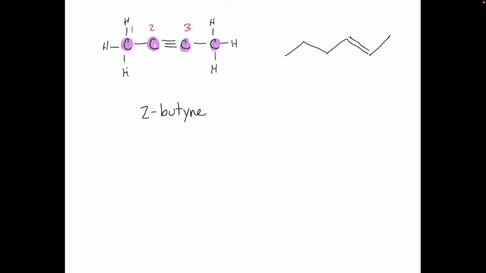All right, what's the next one? Anybody got that one? 2-hexene. Nice, okay. So 1, 2, 3, 4, 5, 6 carbons in my parent chain, so hex. I've got that double bond, so it's going to get the ene ending, hexene.